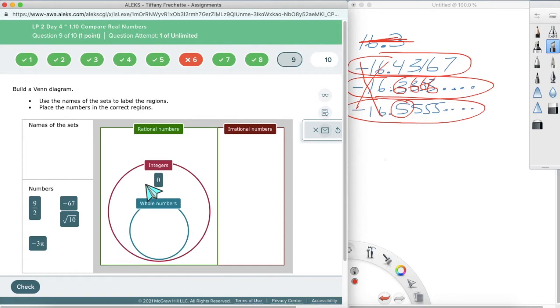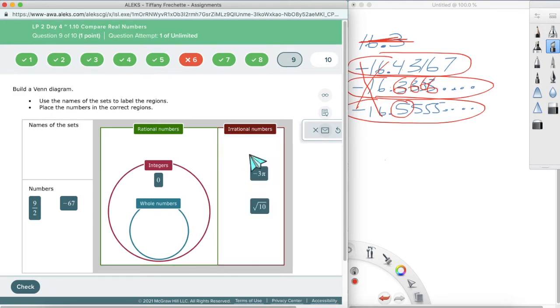If it's a decimal, then it would still be in the rational section, but it wouldn't be in the integer or the whole number section. And we were just talking about this. Pi is irrational, so that would definitely go in the irrational section. The square root of 10, well, 10 doesn't have a perfect square root. This would have a really, really funky decimal on it, so we would move this over here.